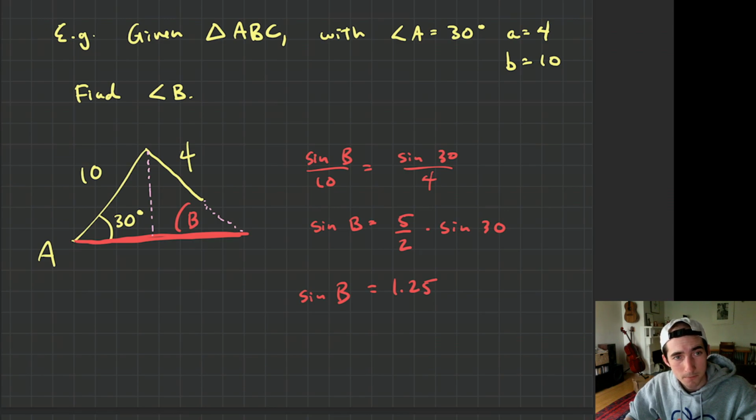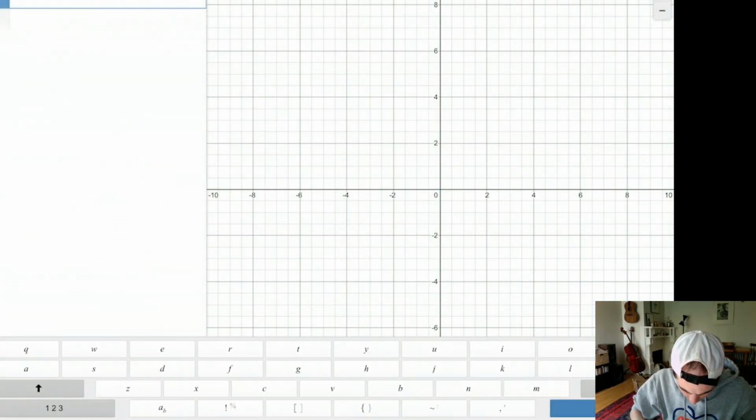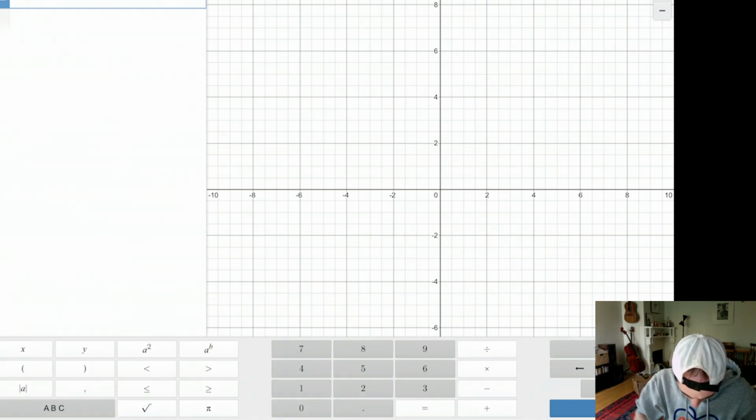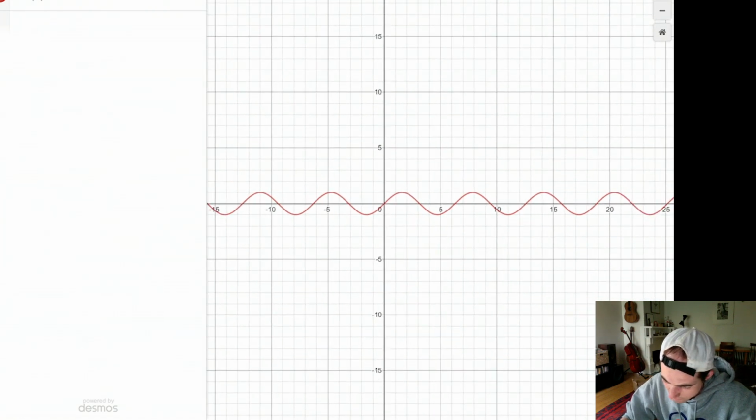That's not possible. Let's take a quick peek at what the sine function looks like. This is what the sine function looks like when we graph it.